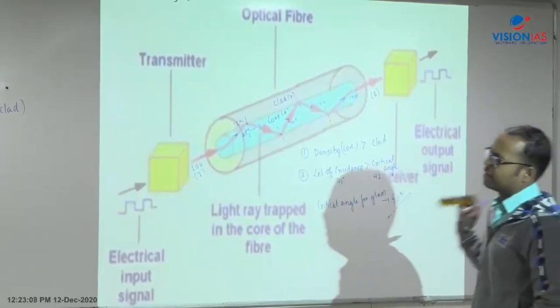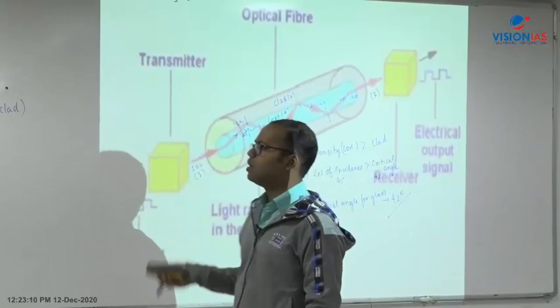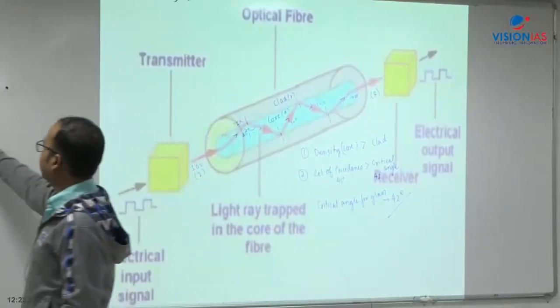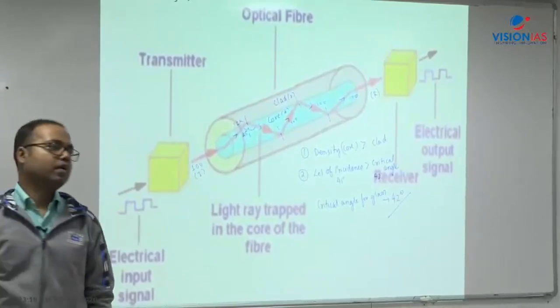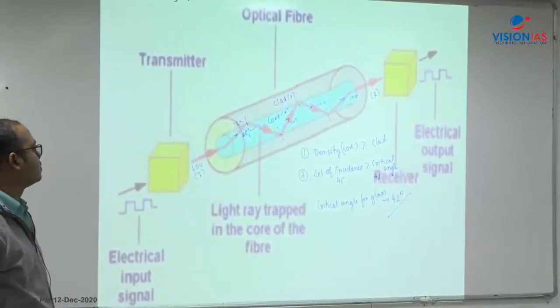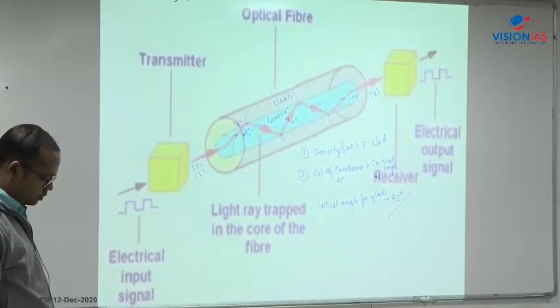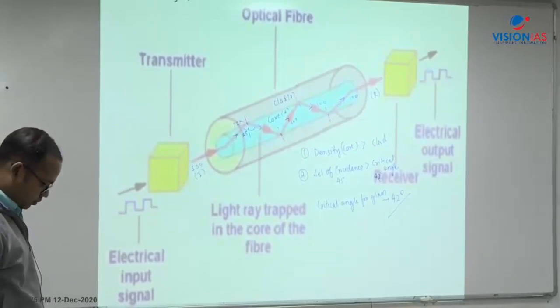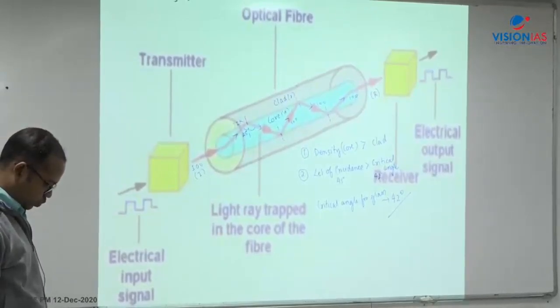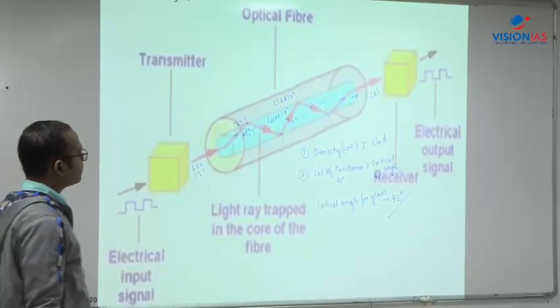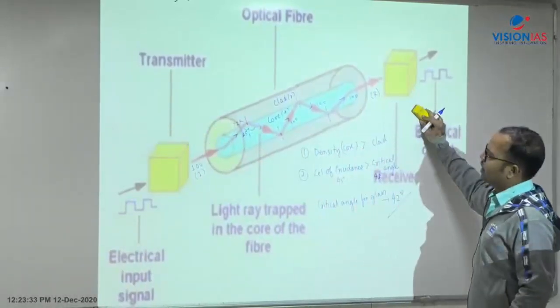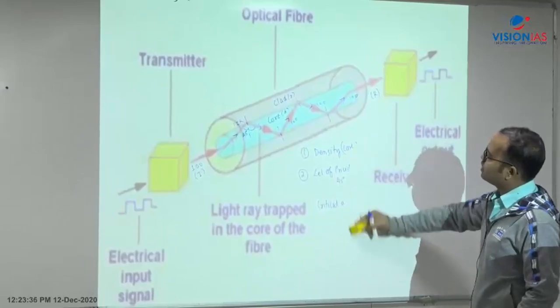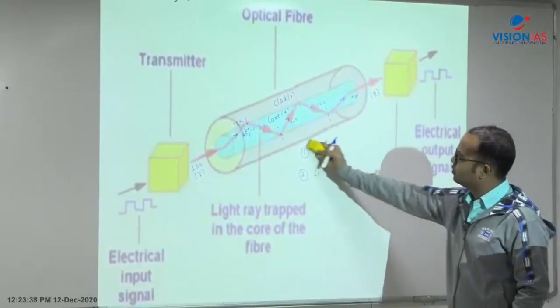Just pen it. I am now going to tell you that if optical fiber is not used, then what can be the problem. Now the same thing, okay, if optical fiber is not used, then see what can be the problem.